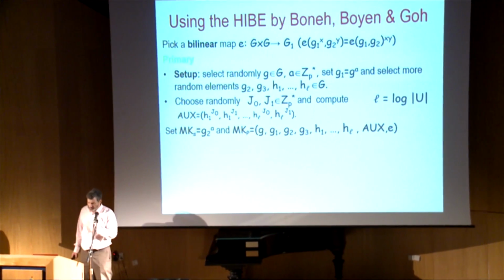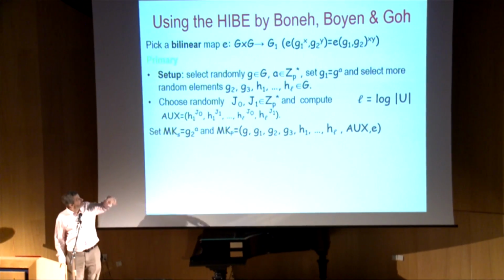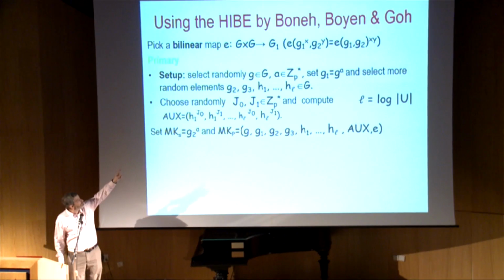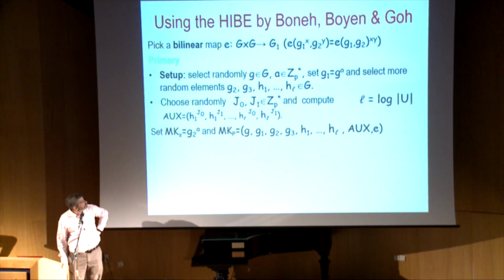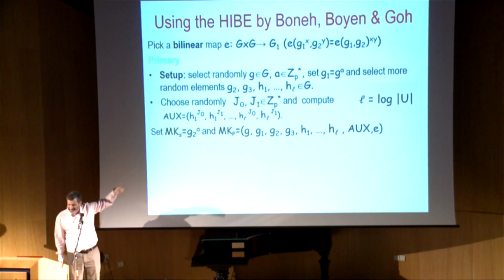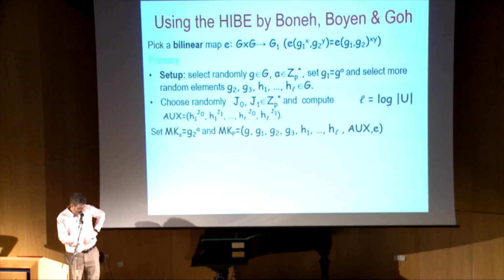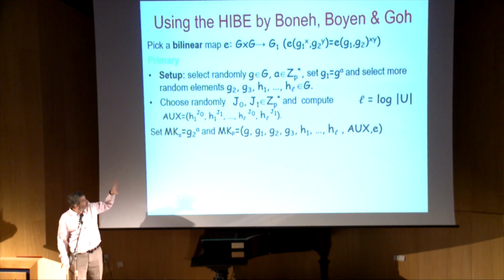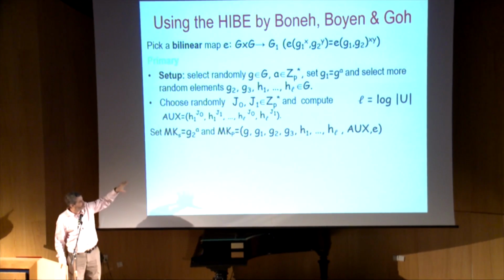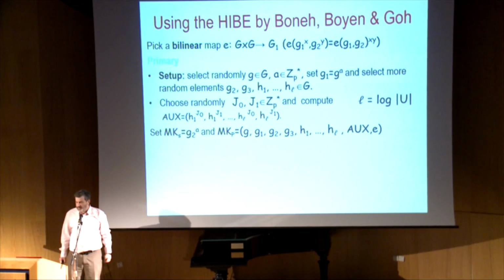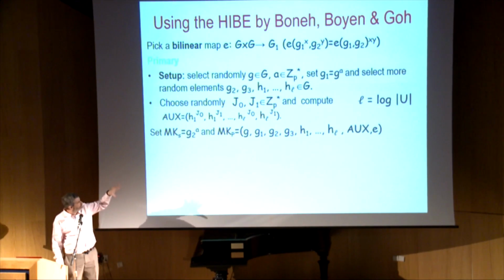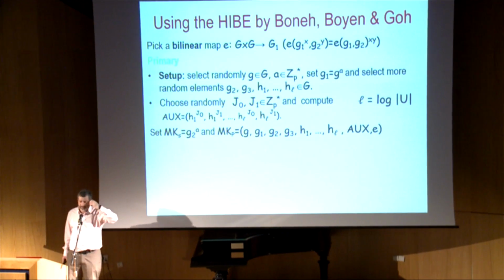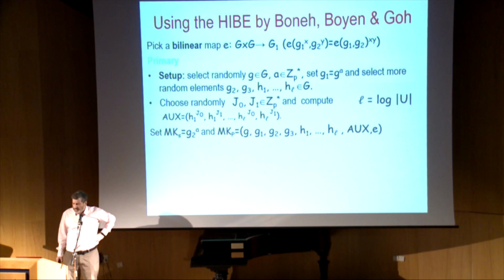A bilinear map is a mapping from, in this case, two groups to another group, which is bilinear in this sense. I don't think that I can convey the actual construction, but I'm going to give you just an impression of the complexity of things here.